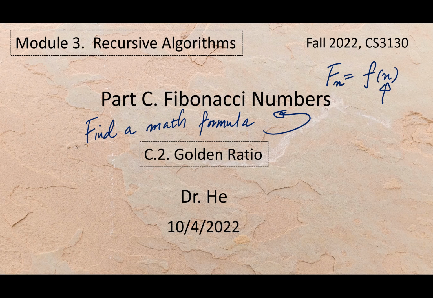That is the best thing we can have, right? All right. But the problem for the formula way: can you do it? Is it possible to find a formula? That's the main problem. For most computing problems, the chance to find a math formula for the solution is very small.